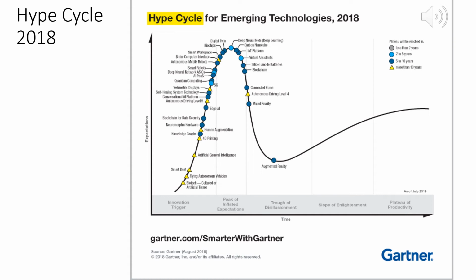Conversational AI platform, self-healing systems and technologies. I don't think it has a big impact on clouds at this time. We have AI platform as a service, deep neural networks.